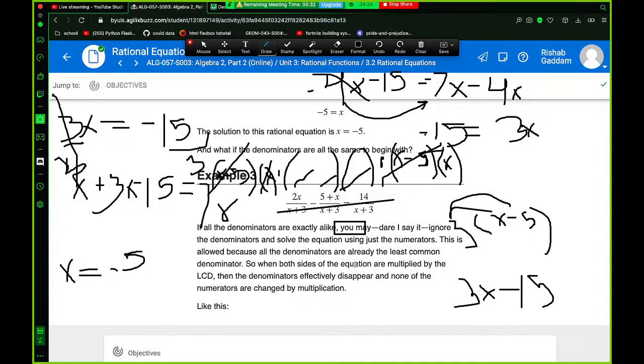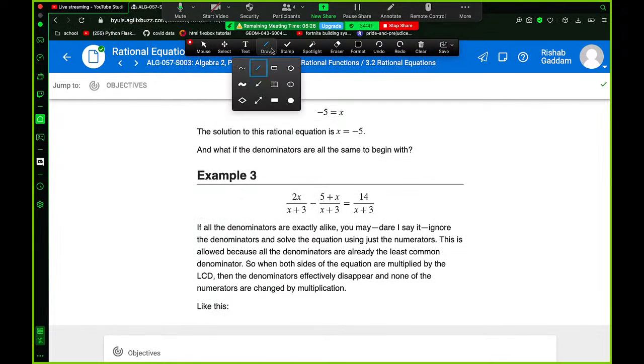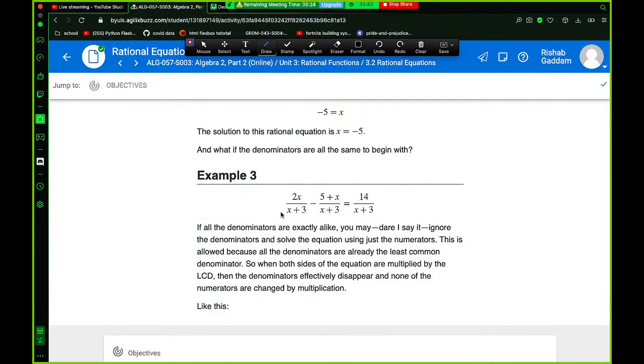So after you have x minus 5 is equal to 14, let me just clear my screen and show you what I did again. Basically, you have to multiply x plus 3 to both sides, and that cancels all of this out in one blow. Now you just get 2x minus 5 minus x.